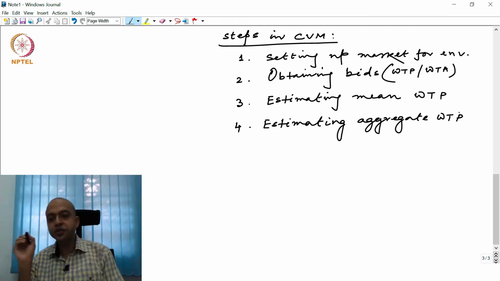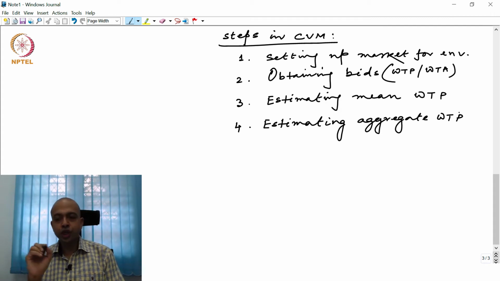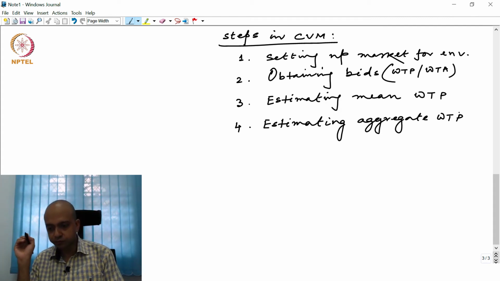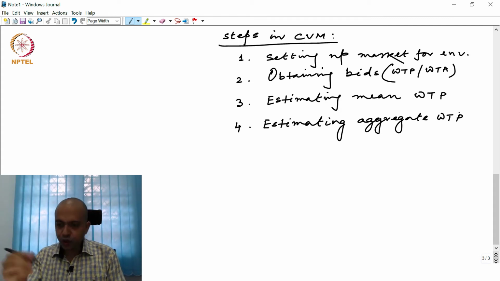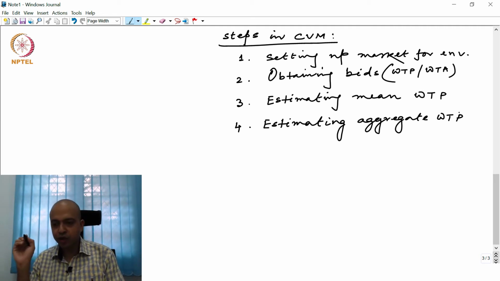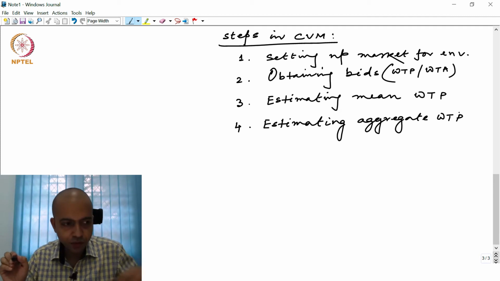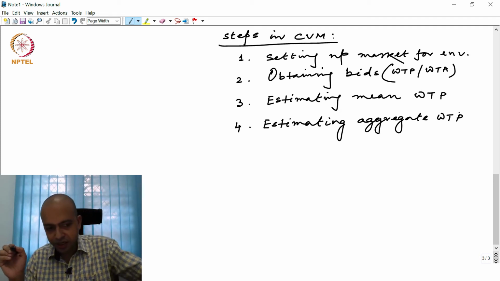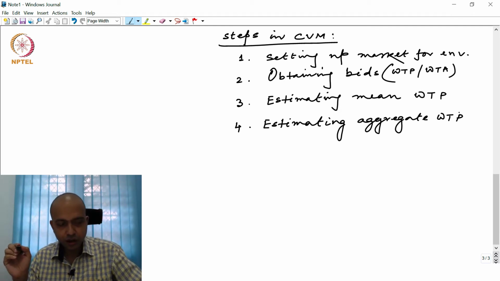So these are the steps that we must follow in the contingent valuation method. Now we'll discuss all these steps in detail, one by one. So what do we mean by setting up the market? Setting up the market again involves certain steps.